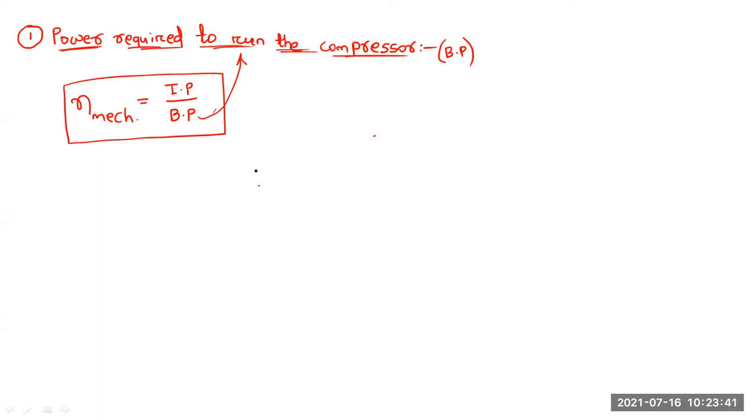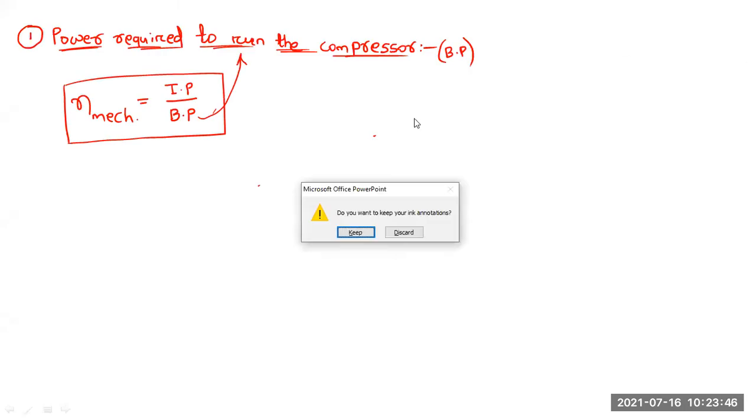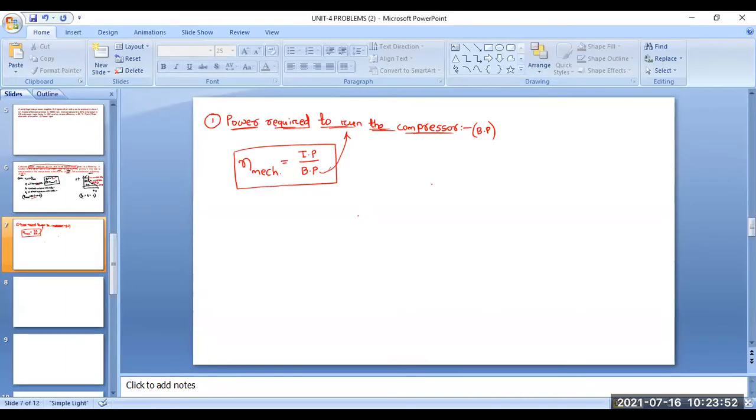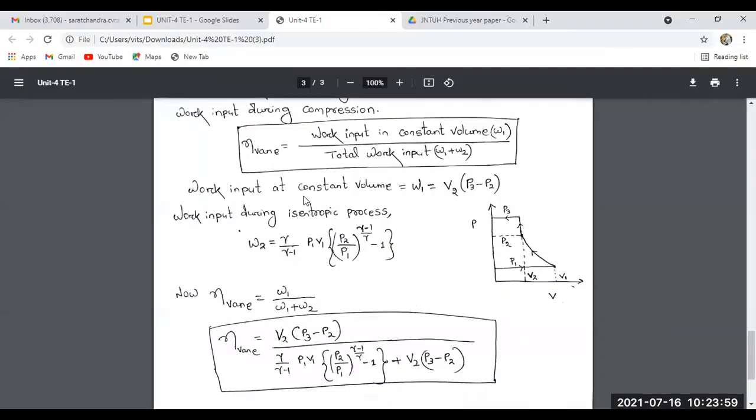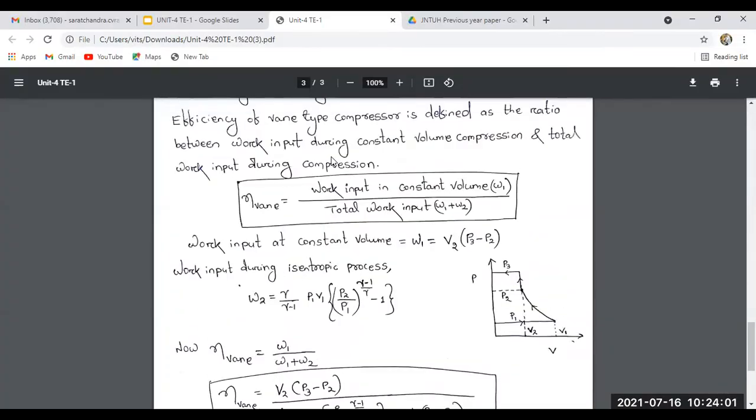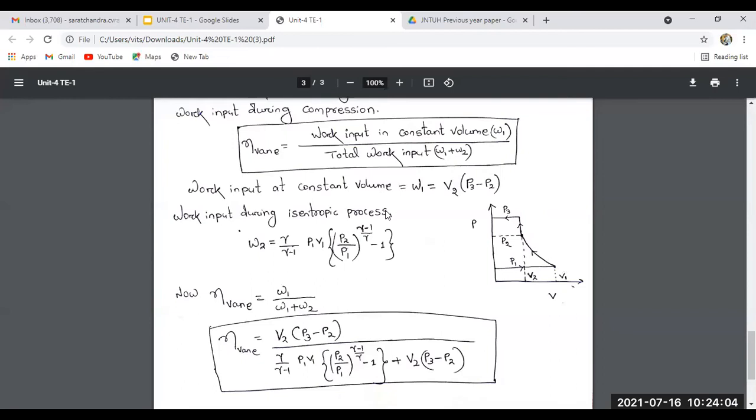Yesterday only we have done this calculation. I will show you. Yeah, we have done this calculation yesterday. What is the total power? This total power, whatever you are watching, is W1 plus W2. Okay, so this total power is nothing but the indicated power of the compressor.